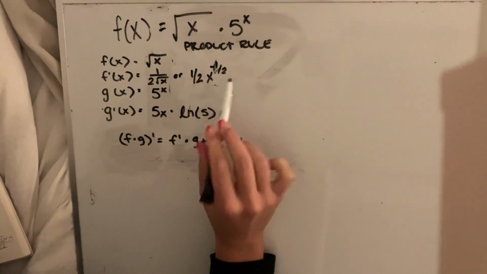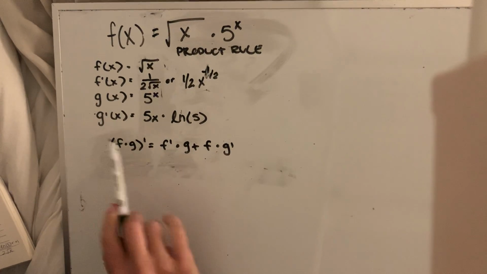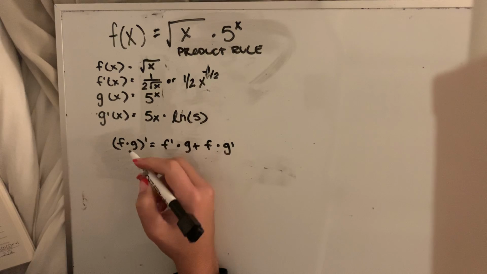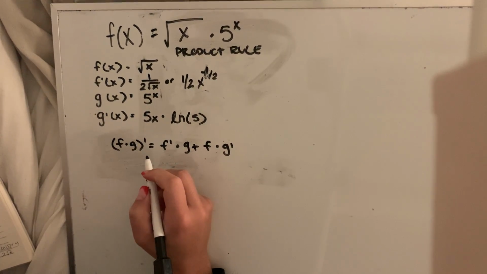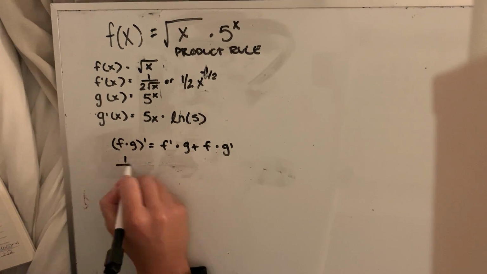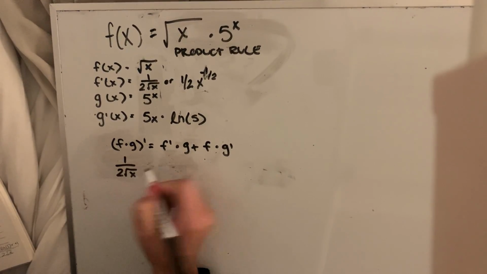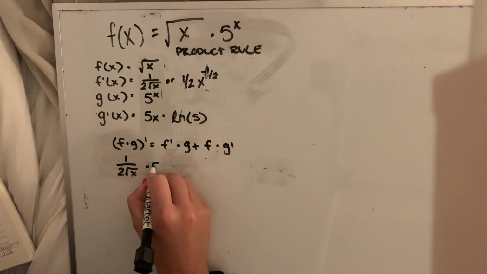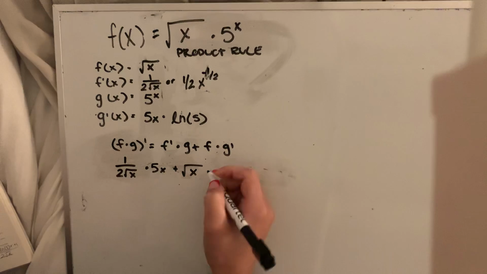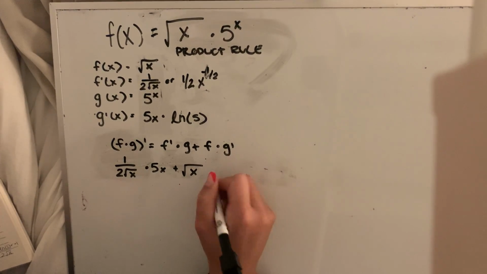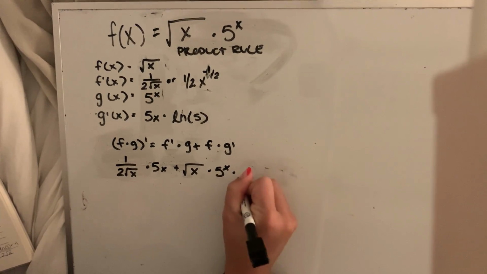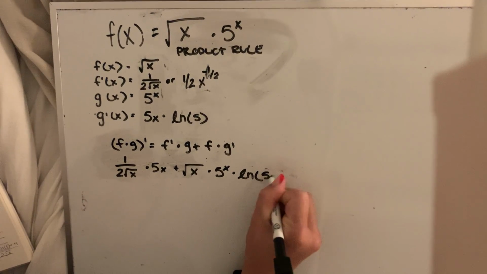And then I'm going to take these f of x, g of x, g prime of x, f prime of x, and fill in the equation where they belong, which would then be 1 over 2 square root of x times 5^x plus square root of x times 5 to the power of x times ln 5.